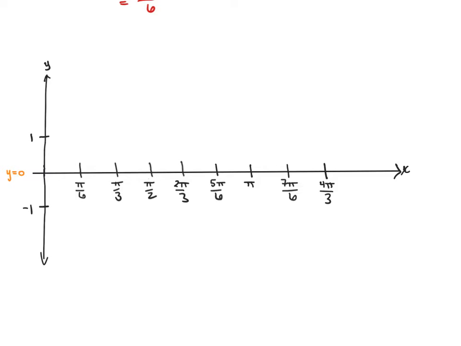So according to our table, we had 0, 0, pi over 6, 1, and so on and so forth. And there is the end of our first period. So we'll make a nice smooth curve.